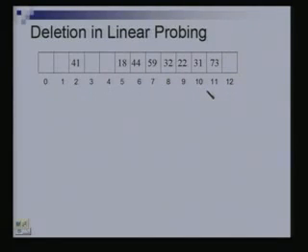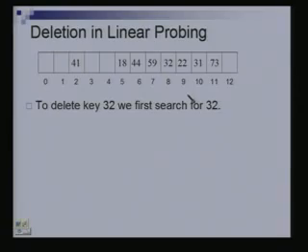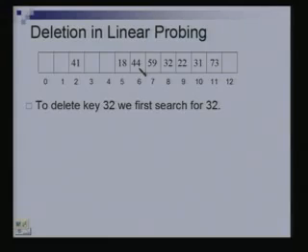How do you delete? Suppose this was my picture from the previous slide, and now I want to delete 32. First I will have to search for 32, right? 32 mod 13 is 6, so I come here, it's not here, so I come here, it's not here, I come here, I find 32.